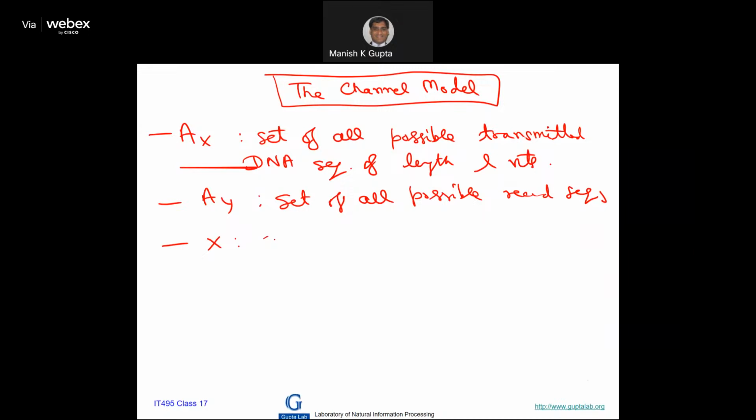X is a random DNA sequence from AX, and Y is a random DNA sequence from AY. So 4 notations I'm using. AX, the set of all possible transmitted DNA sequences of length L nucleotides. AY, the set of all possible received sequences. And X and Y are the corresponding random DNA sequences, right? Fine.